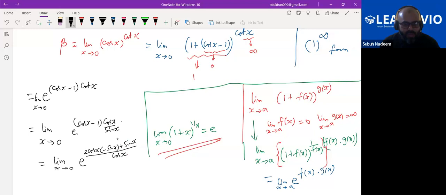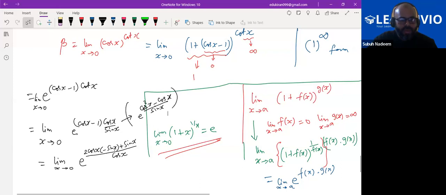But we did this one: e to the power cos square x minus cos x by sin x. Then we differentiated it. Write it till here.